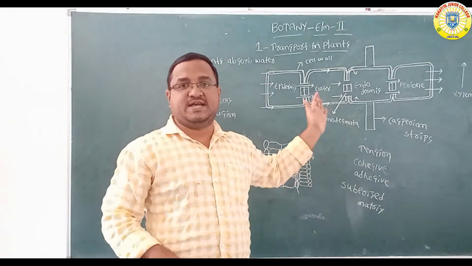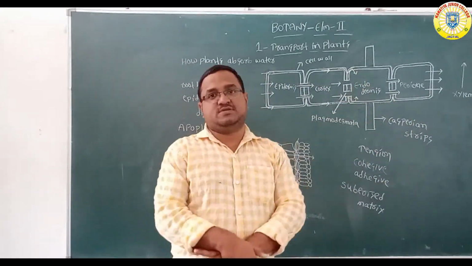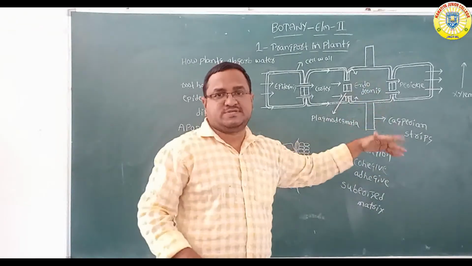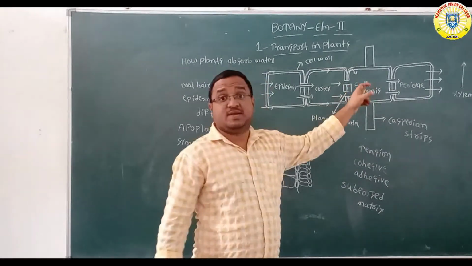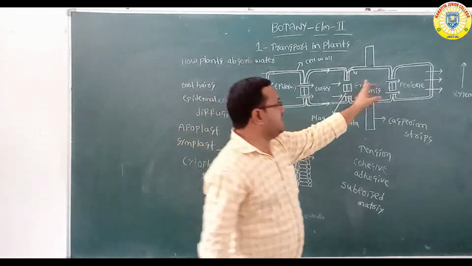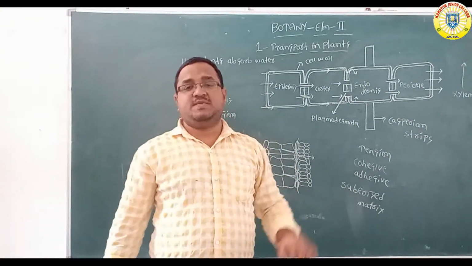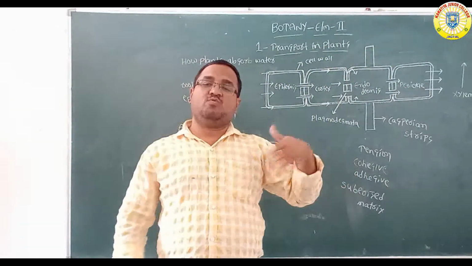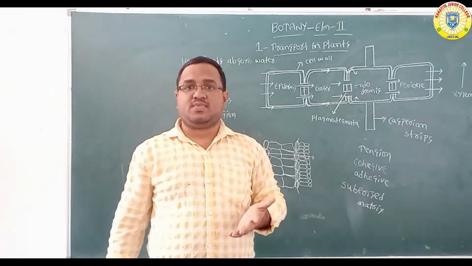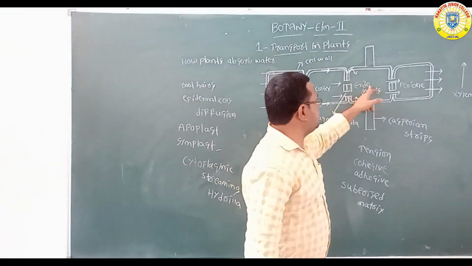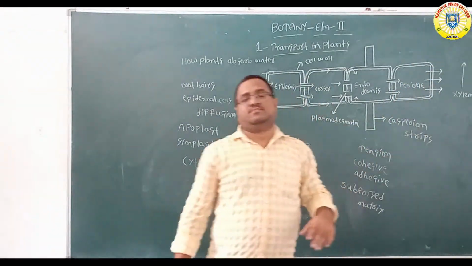So here no water enters through the Casparian strips. In these Casparian strips, the water moves through the symplastic system and finally crosses the membrane and enters into the xylem.